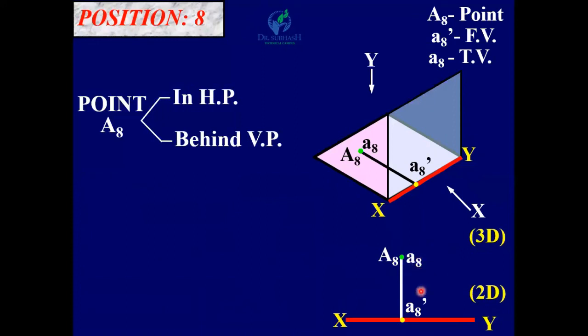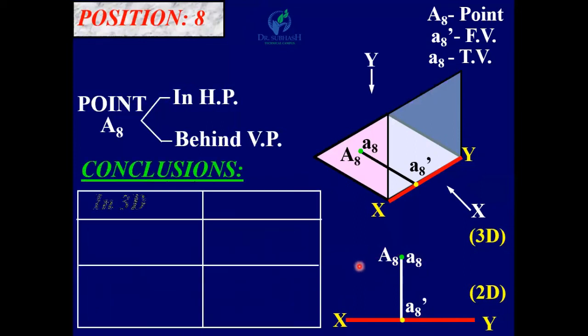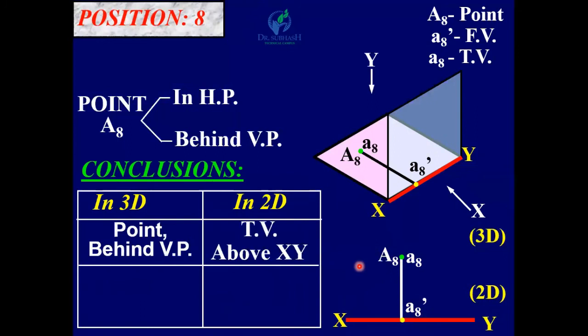So here front view is on XY line and top view is above XY line. So conclusion, point behind VP, top view above XY, point in HP, front view on XY.